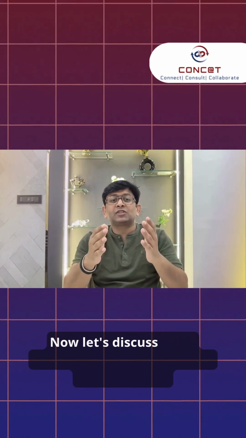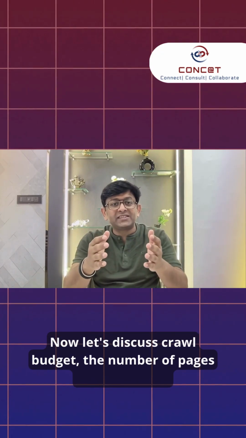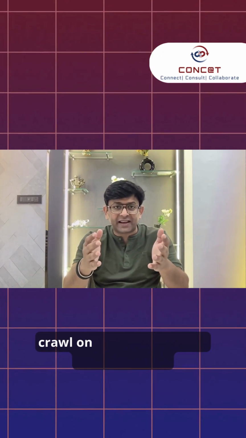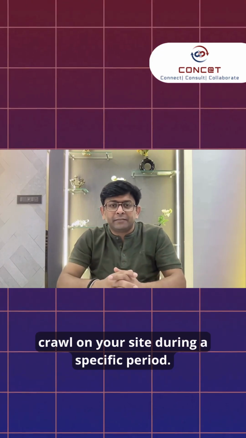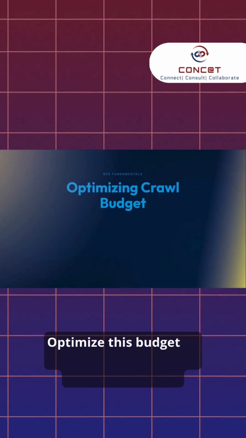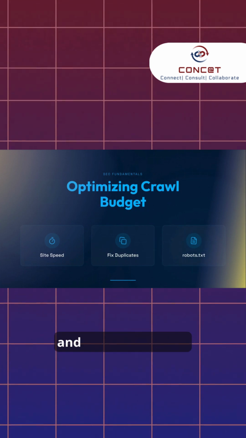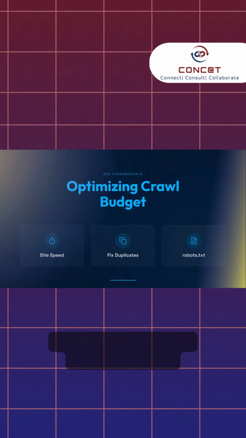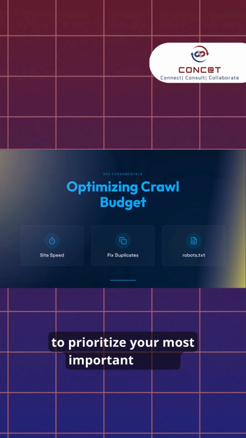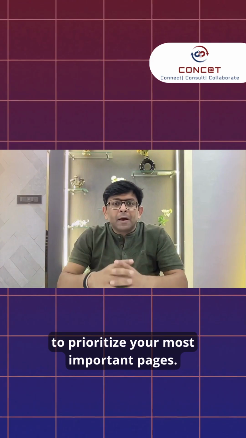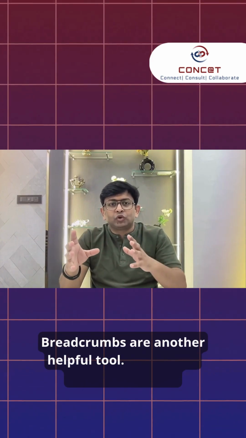Now, let's discuss crawl budget, the number of pages search engines crawl on your site during a specific period. Optimize this budget by improving speed, fixing duplicate content, and using robots.txt to prioritize your most important pages. Breadcrumbs are another helpful tool.